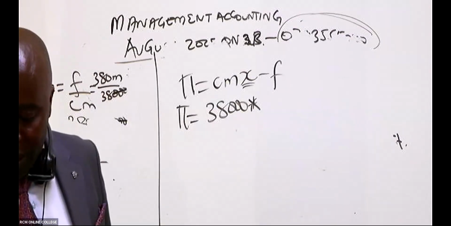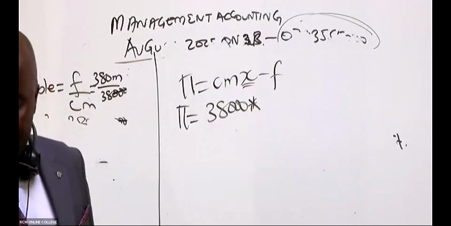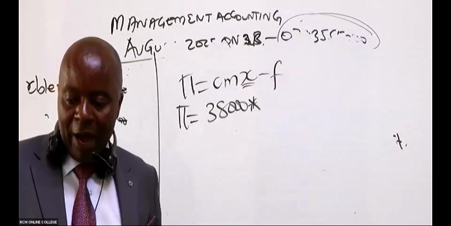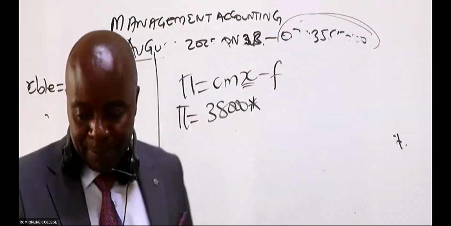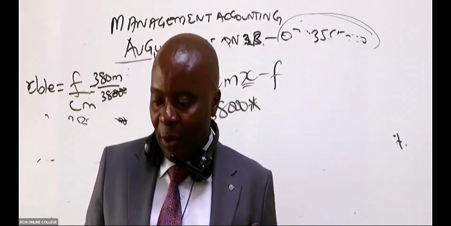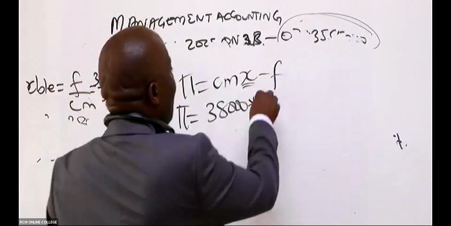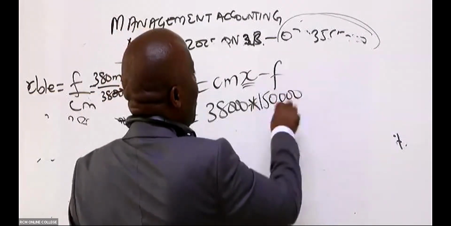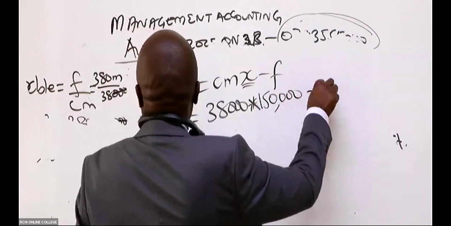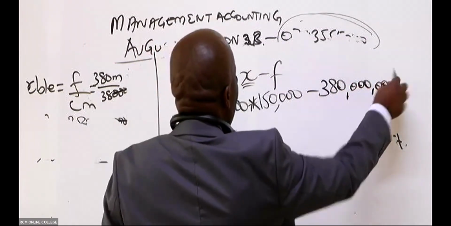How many guests do they want us to analyze in Roman 3? It's written there: 150,000. Then minus fixed cost, which does not change. The fixed cost here was 380 million.